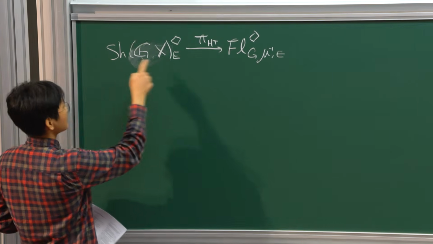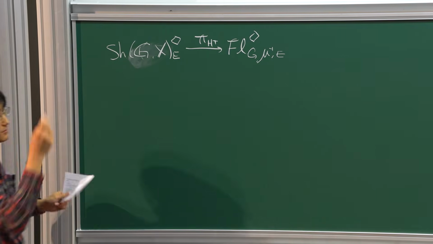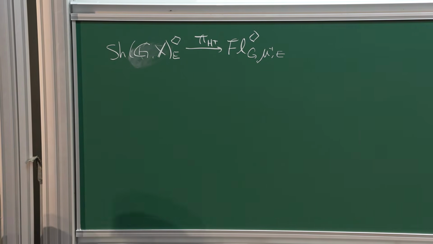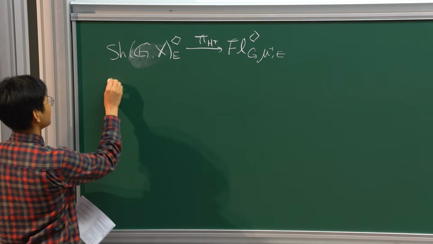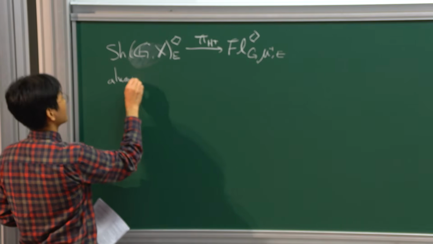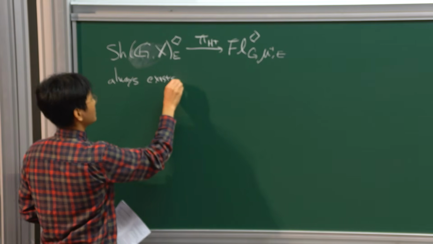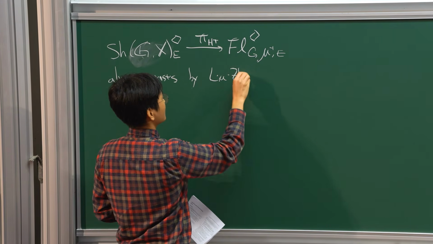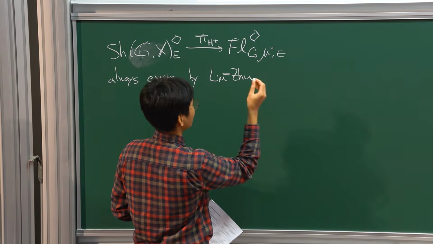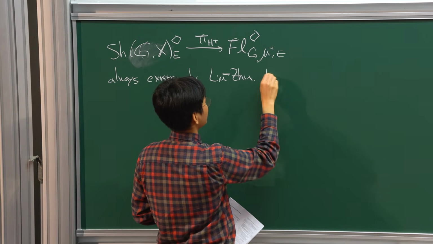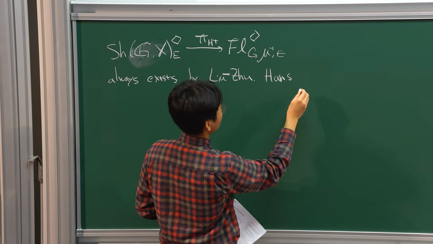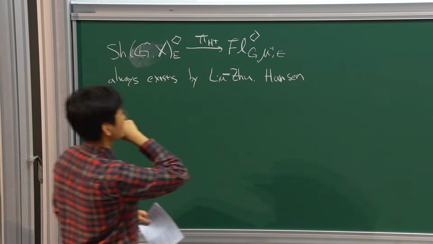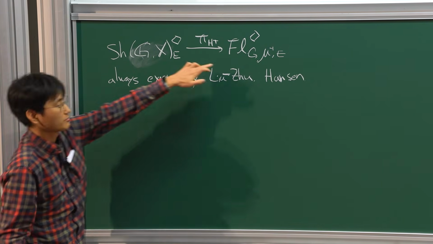But it turns out that this map exists for all G, even if you don't have a motive associated to the Shimura variety. So this always exists by work of Liu Zhu. And it's also explained in David Hansen's Wolflog report how to construct this kind of period map.